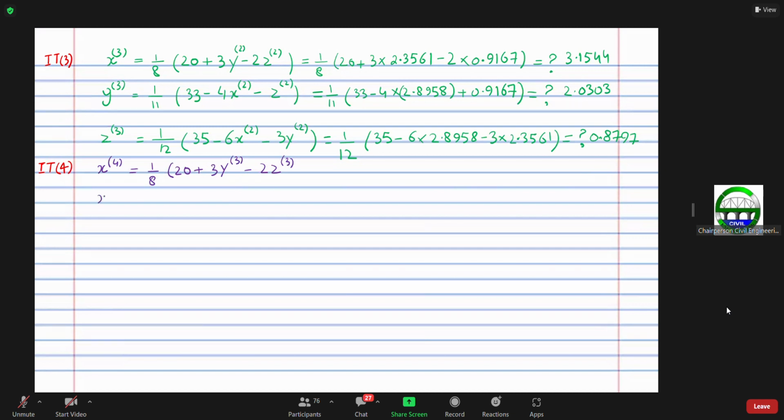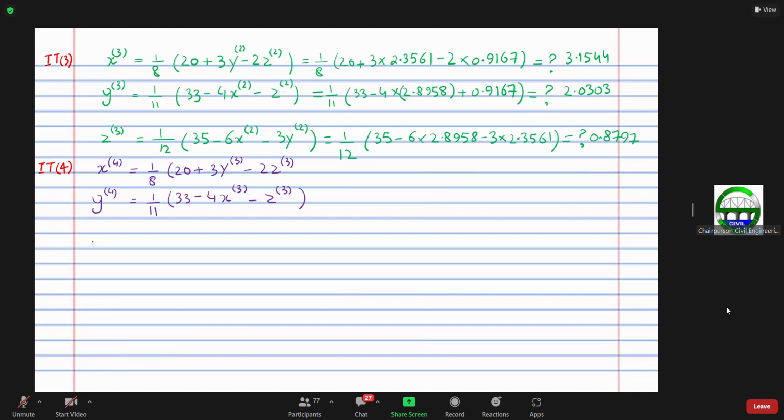And y4 is equals to 1 by 11, 33 minus 4x iteration 3 minus z iteration 3.